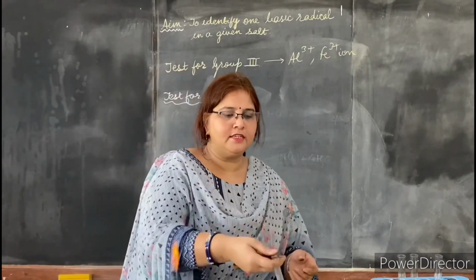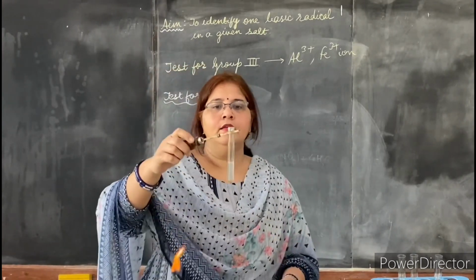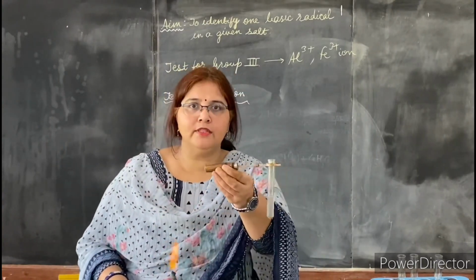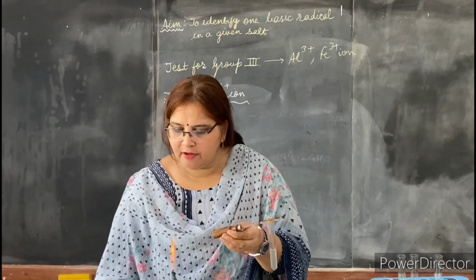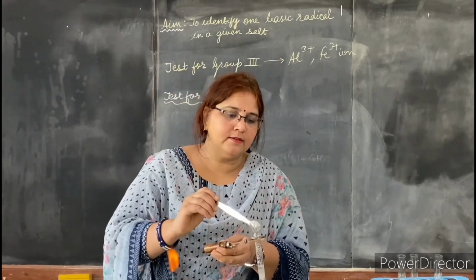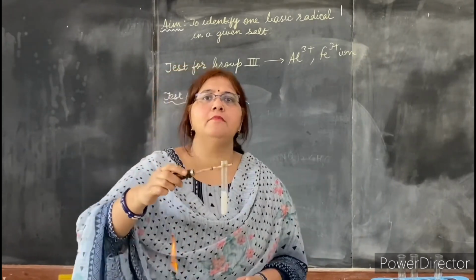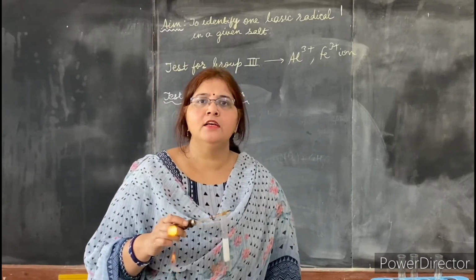Dissolve the precipitate completely in sodium hydroxide solution and then add ammonium chloride to this solution. When we add ammonium chloride, the white gelatinous precipitate reappears. This means the given salt contains aluminium ion. So, aluminium ion is confirmed in the given salt.